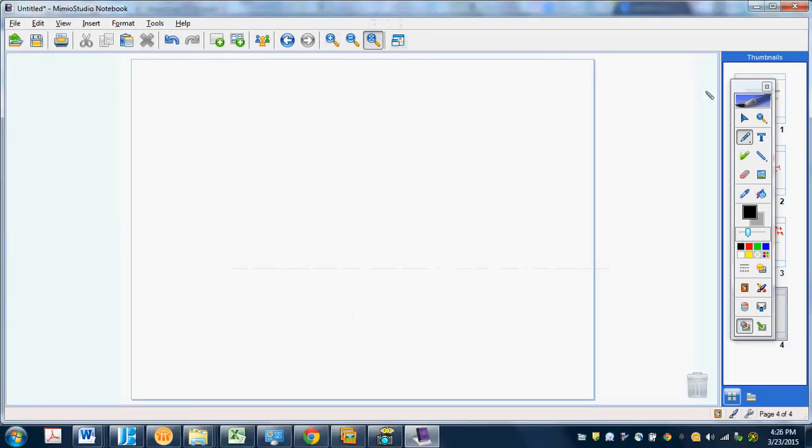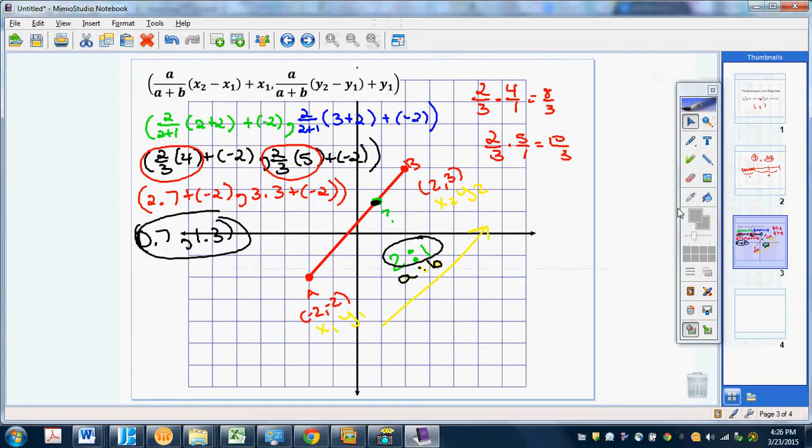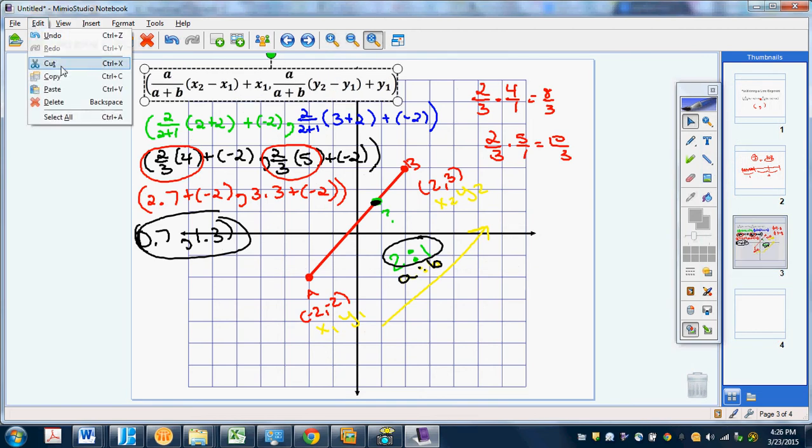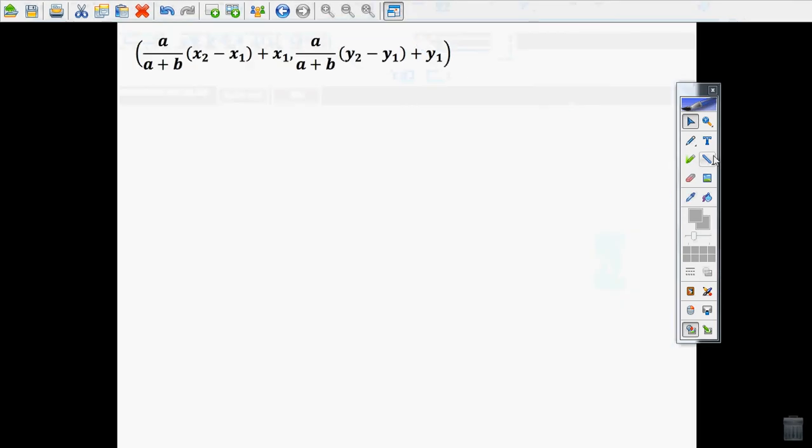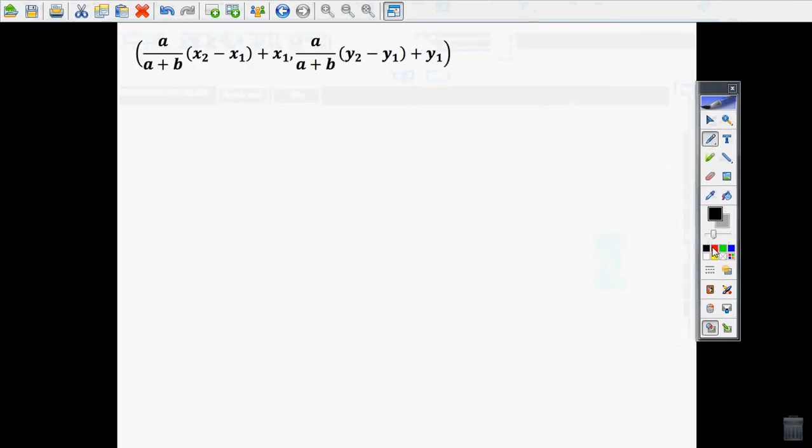Now, another way you may see this, and let me move my point right here. Okay, my formula. All right, so let's say I told you that we have a point that we're starting at (5, 7). We're going to the point (3, -1), and we're using a fraction of 1/2.